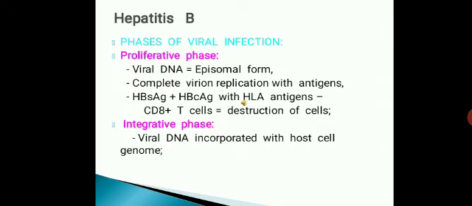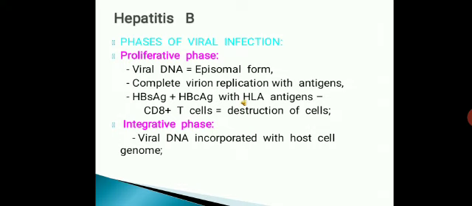So the destruction of the liver cells in the host is due to the host immune response, not to the virus itself. Virus causes replication in the hepatocytes but does not cause its destruction. Destruction is by the CD8 cell, which detects the presence of the antigen of the virus and causes destruction of the hepatocyte.